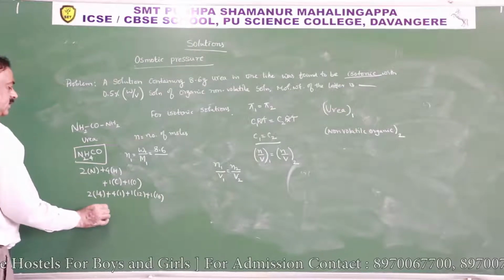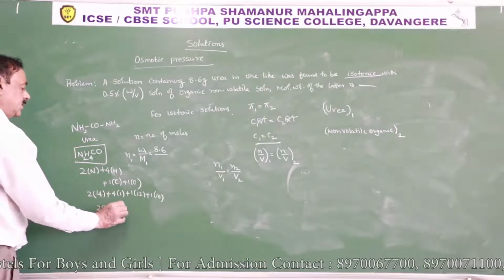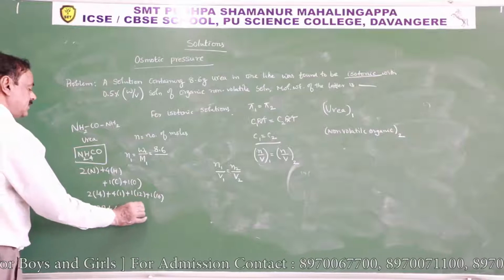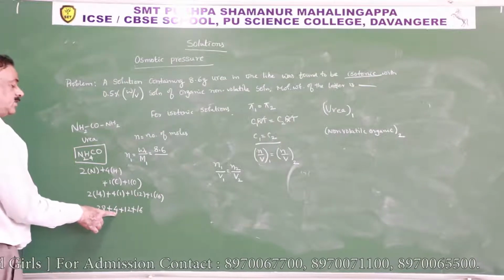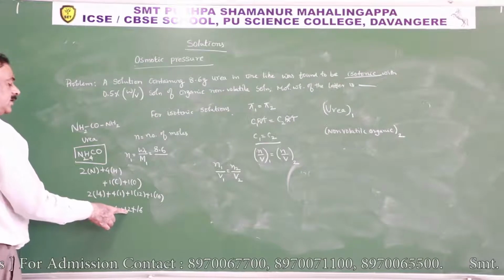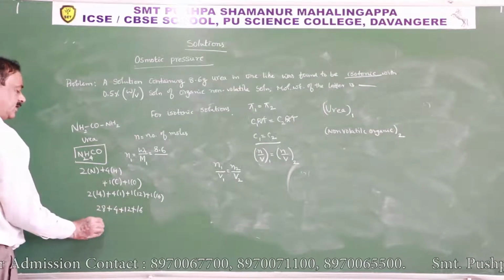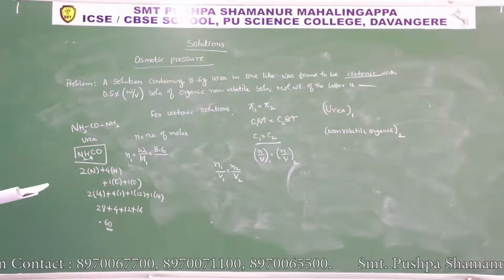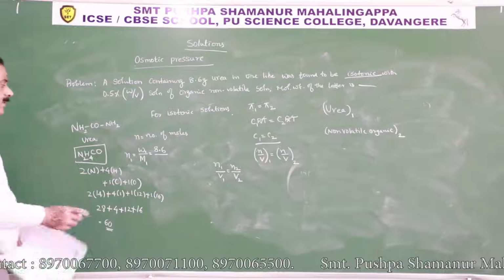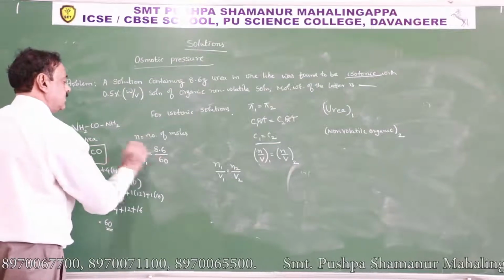That is 28 plus 4 plus 12 plus 16, that is 32, 44, plus 16, equal to 60. The molecular weight of urea is equal to 60.